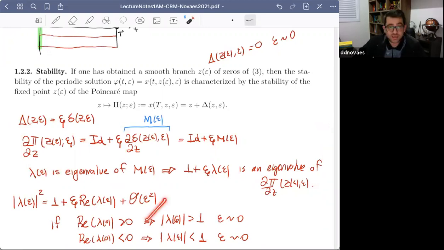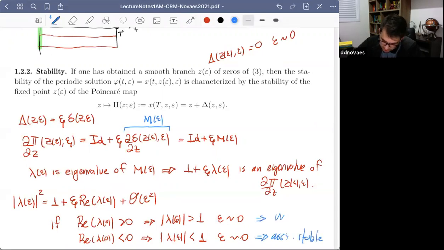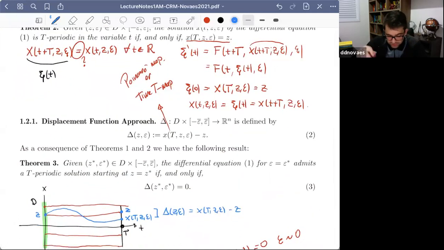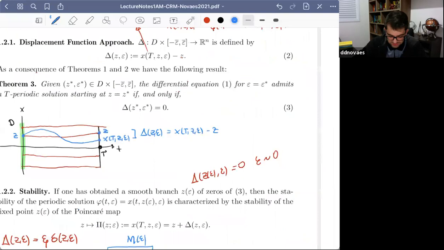In this very simple case, we can establish whether a periodic solution is asymptotically stable or unstable. This is the first approach that we are going to use in this first lecture.